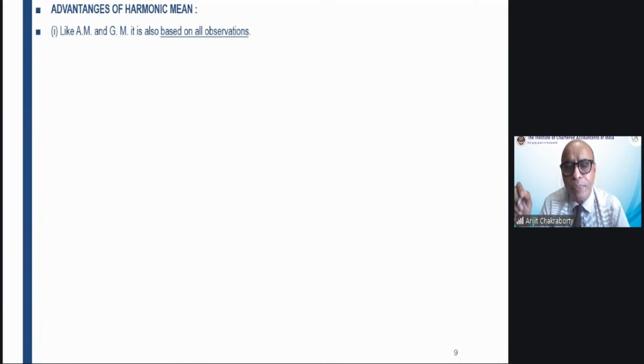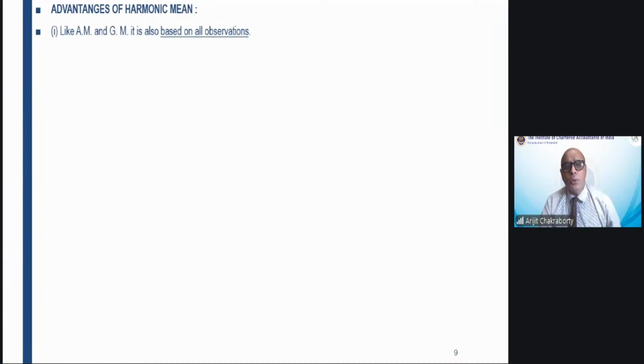We are getting the reciprocal of each of the observations and summing them up. We are adding them in the denominator. That is the process. In this method, we are including all observations, provided they are non-zero.